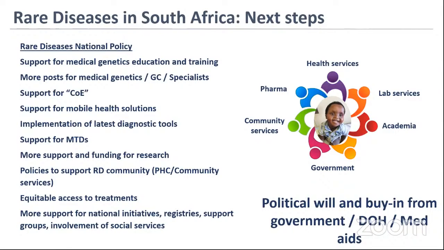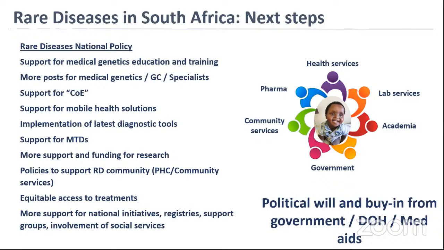I think more support for centers of excellence, for example, would be something we should definitely look at, because these diseases and disorders are inherently complicated and need specialist care. But also support for mobile health solutions.